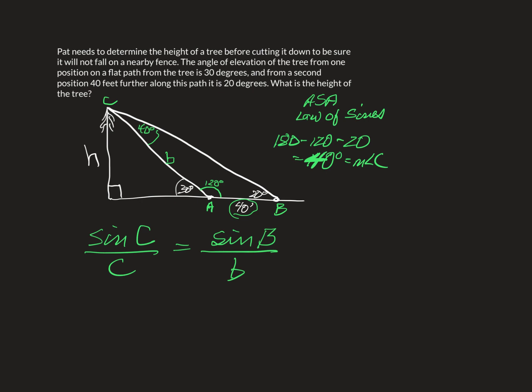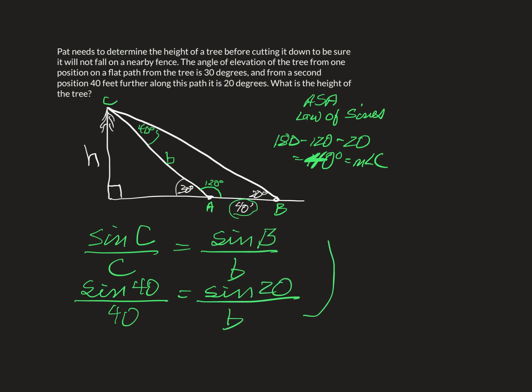I can fill that in. So that'll be the sine of 40 degrees over 40 feet equals the sine of 20 degrees over B. Cross multiplying and dividing, and you get B equals 40 sine of 20 over sine of 40.